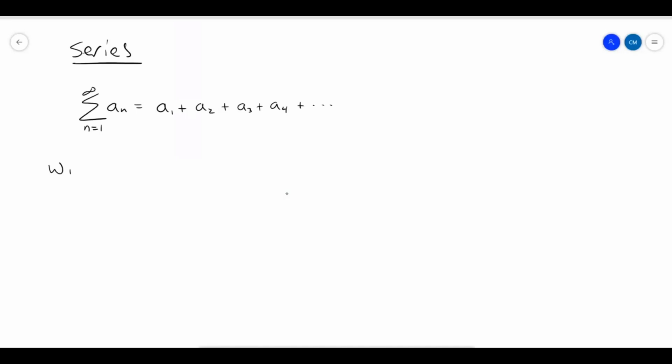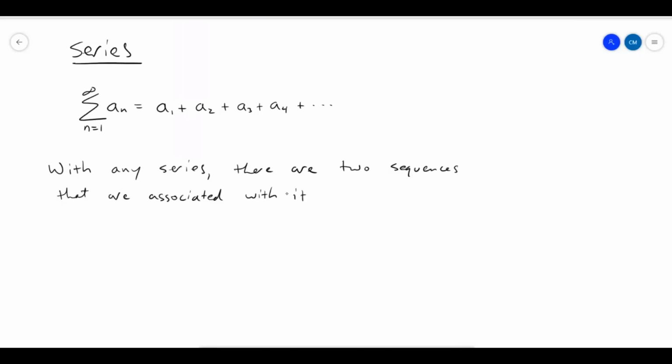To do that, we have to associate the series with the sequences that we've just been talking about. So with any series, there are two sequences that are associated with it. Two different sequences. What are these two sequences?